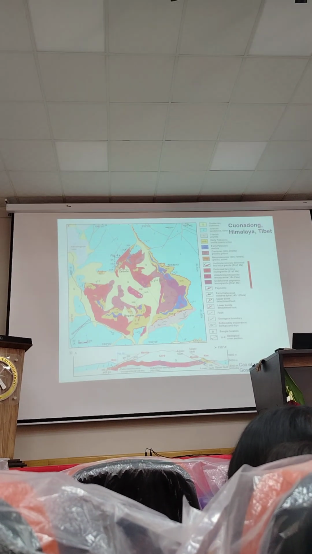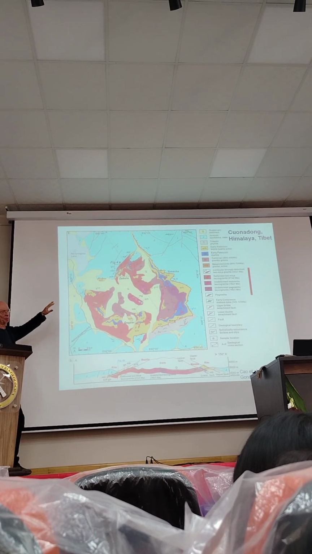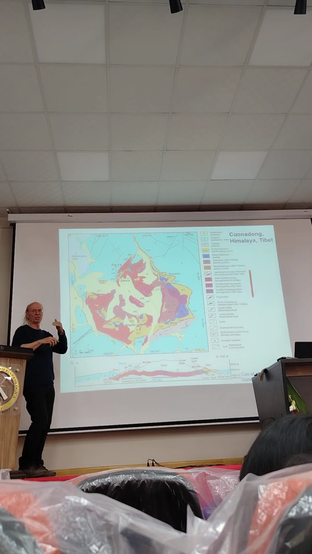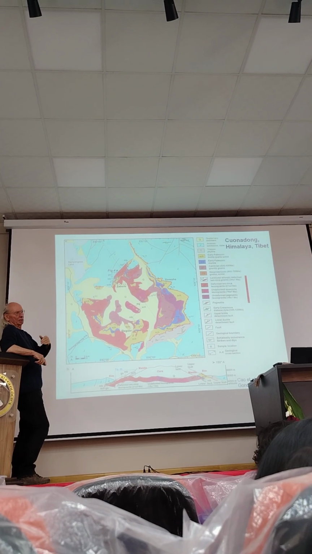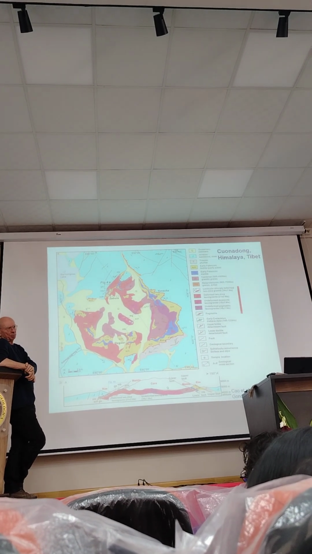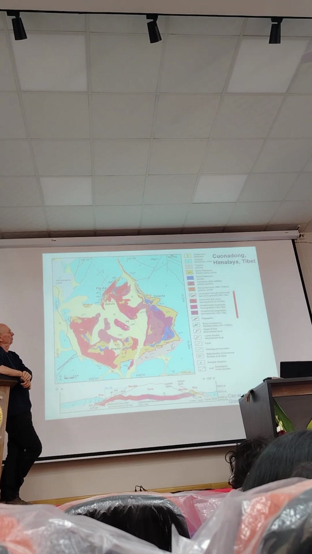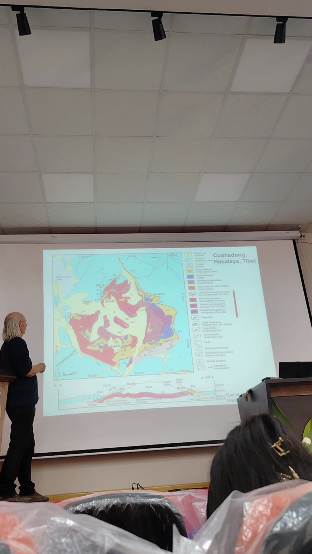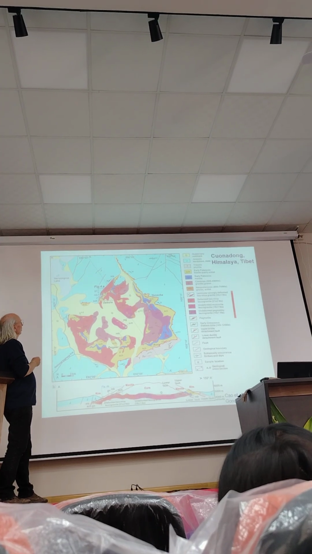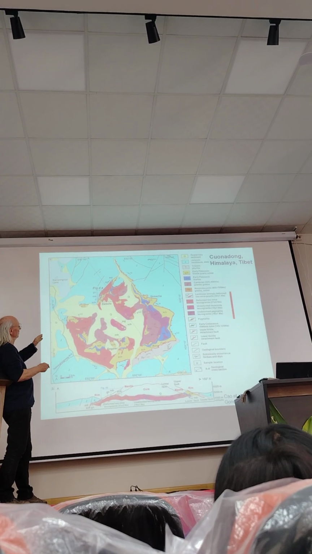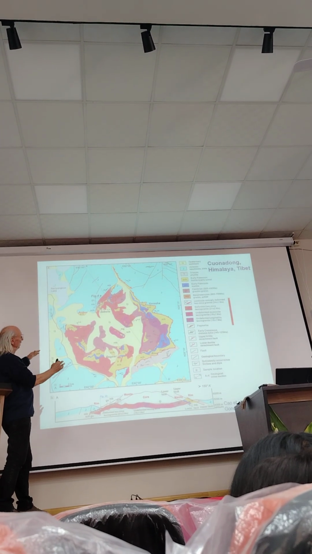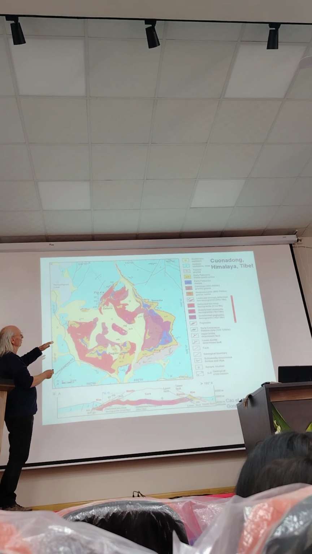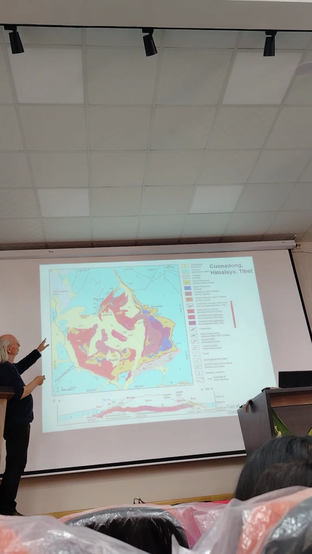Now I have to show you something. Actually, this is in the Himalayas, the Chinese part of the Himalayas. Many people thought there is some granite, but no tin. It doesn't make sense. But there actually is, in the Chinese part. This is a metamorphic dome with a number of granite intrusions.